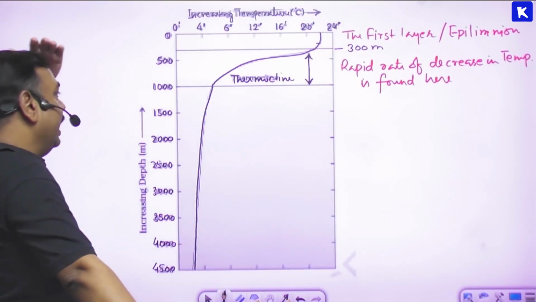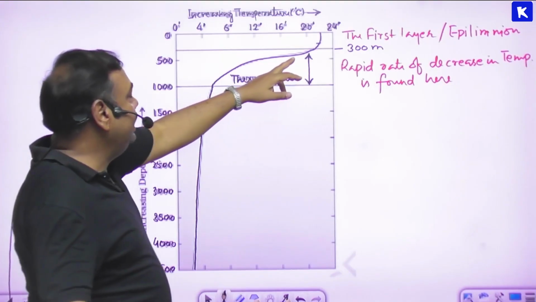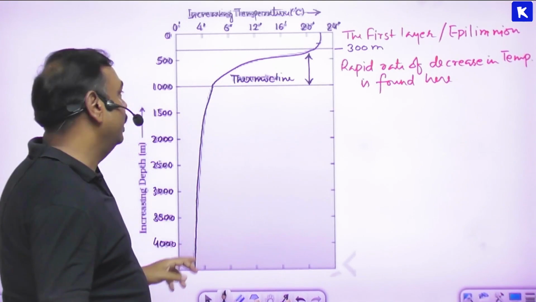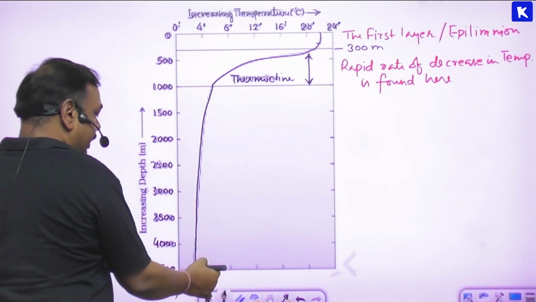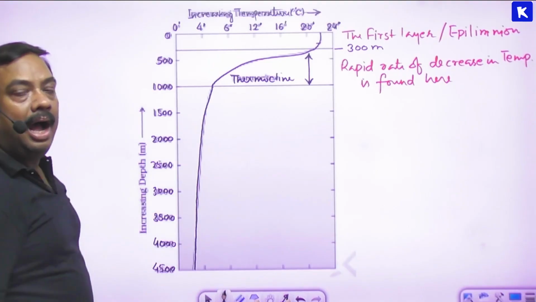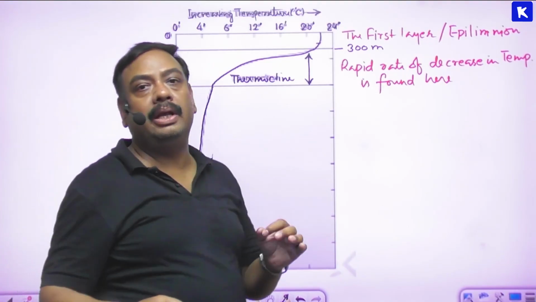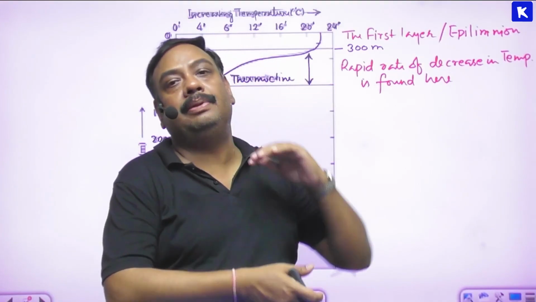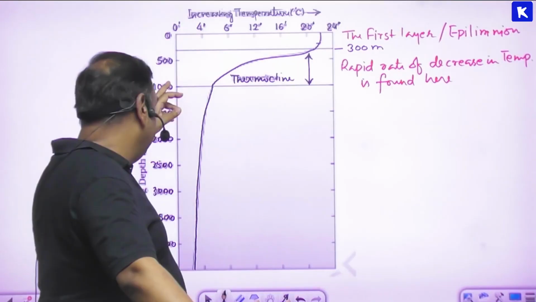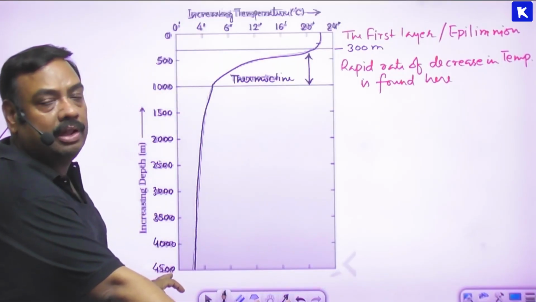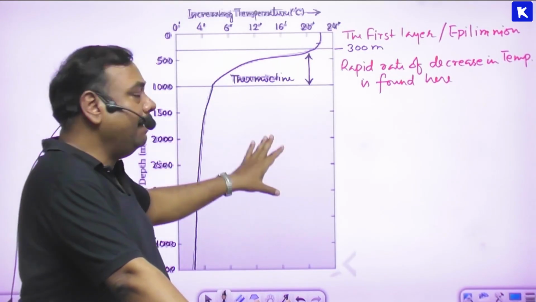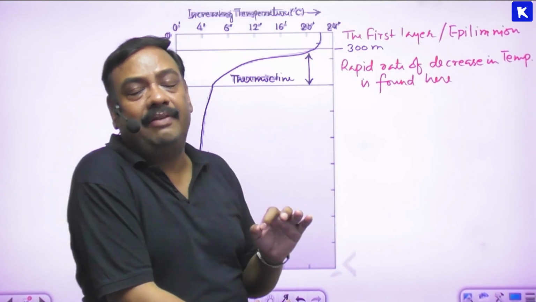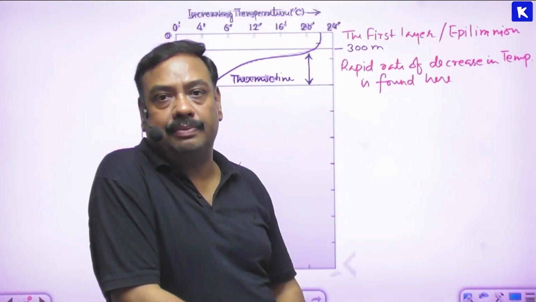But again here you can see that when temperature is getting decreased, from the 4 degrees Celsius, it goes up to 2 degrees Celsius. Again, there is decrease of only 2 degrees Celsius of temperature. But within which depth? Within the depth of 1000 meters to 4500 meters. That means in the depth of 3500 meters, there is only an insignificant change of 2 degrees Celsius of temperature.